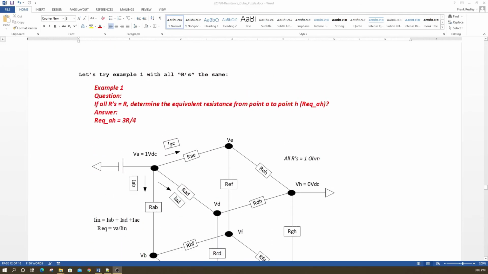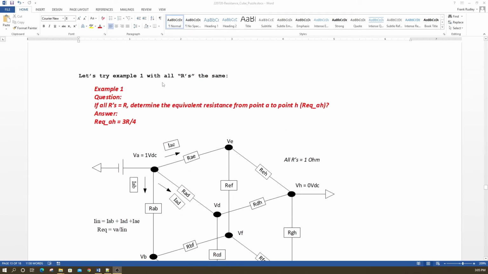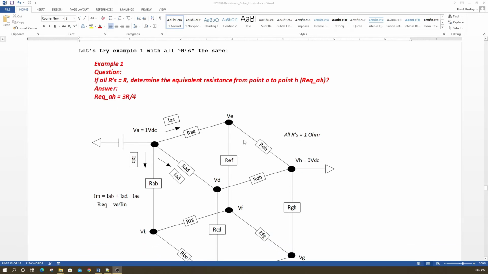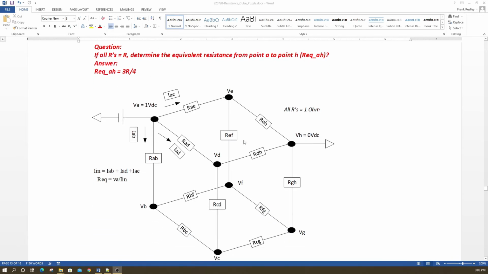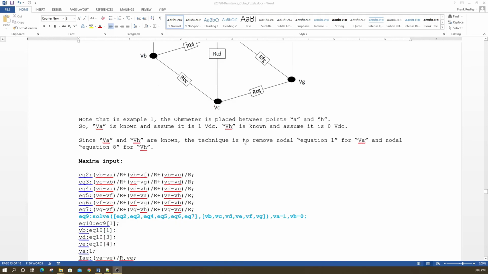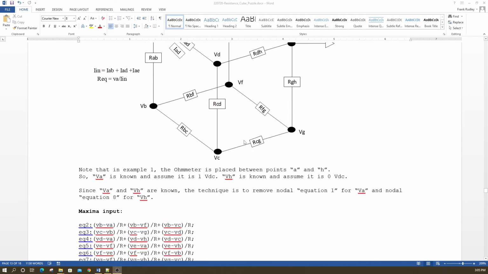So let's try example 1 now with all the R's the same. Now, we know the answer is 3R over 4, but we're going to have Maxima solve it for us, rather than us having to do the work. So it's the same thing again.